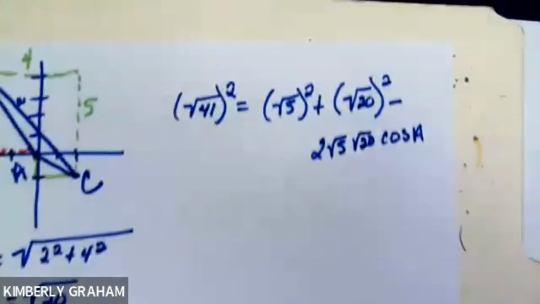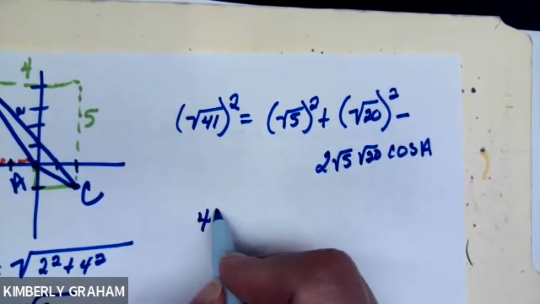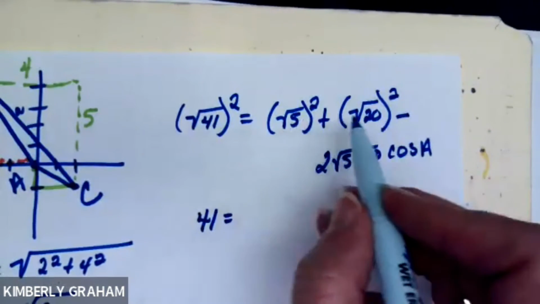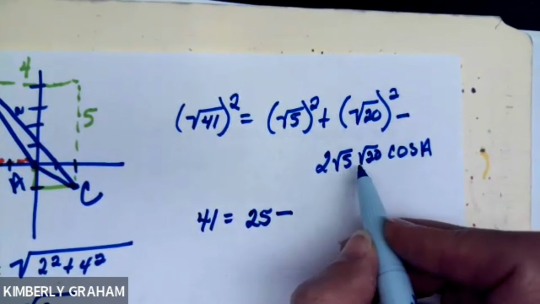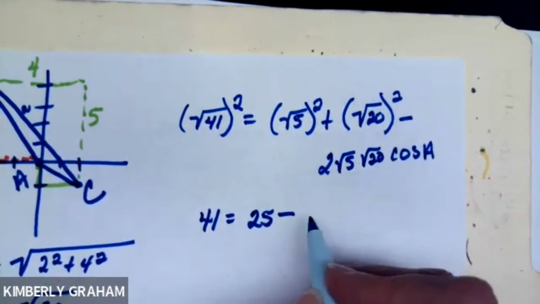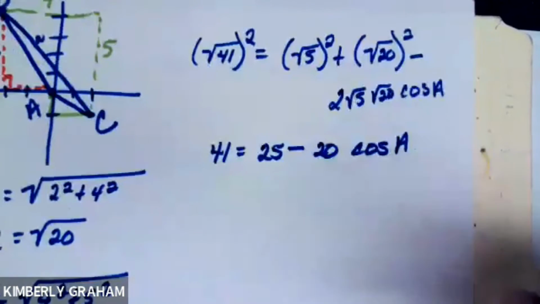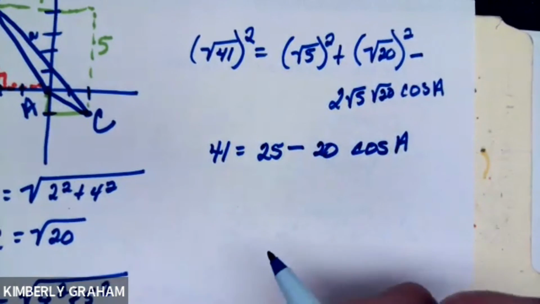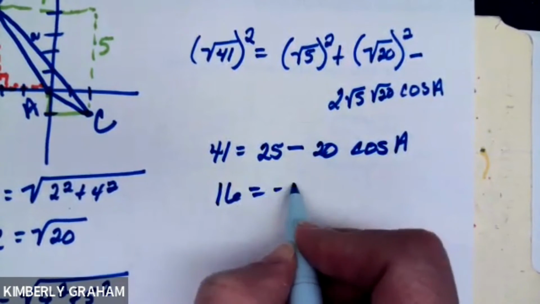So when I simplify this, the squares and square roots are inverses, they cancel out. So I end up with 41 equals 5 plus 20, which is 25, minus 2 times the square root of 100, which is 10, so 2 times 10 is 20, times cosine of A. Subtract 25 from both sides, you get 16.